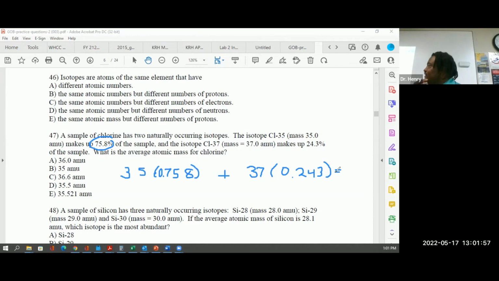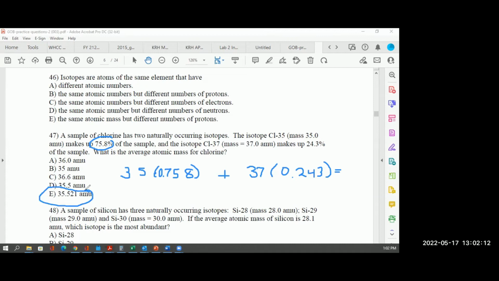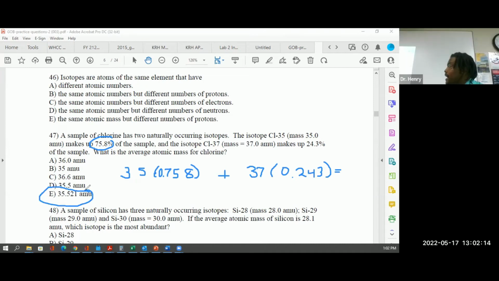Can somebody do the heavy lifting for me? 35.521. Okay, now here's the tricky part. You guys say it would be E? How many sig figs would it be? 2?